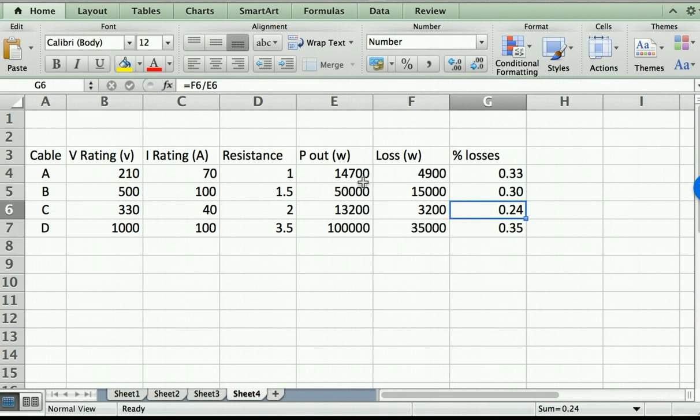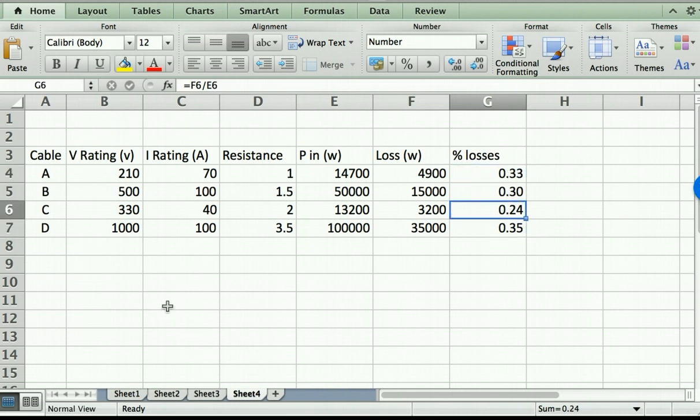In fact, losses should not be calculated like this. I think this should be counted as P in. By the time the power reaches the source, 4900 will be losses and the remaining will be output. Output by input is efficiency and loss by input is losses. Anyway, this is my losses.